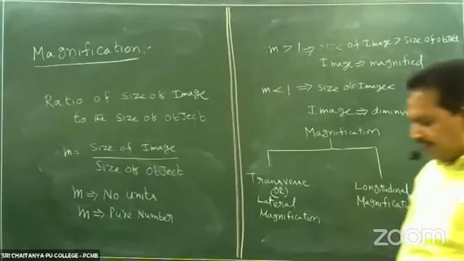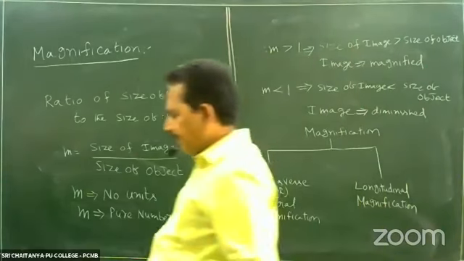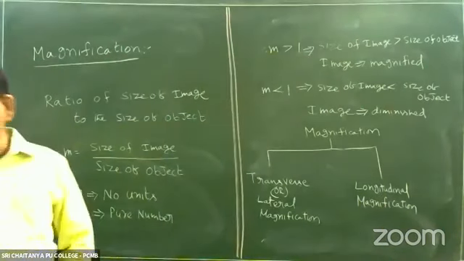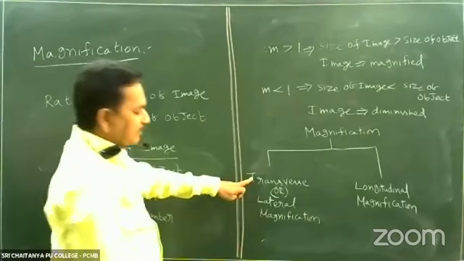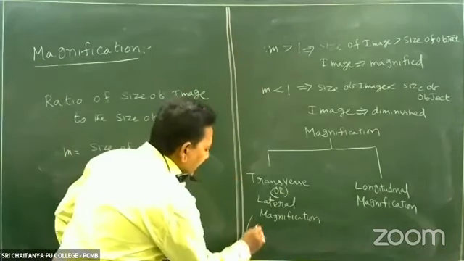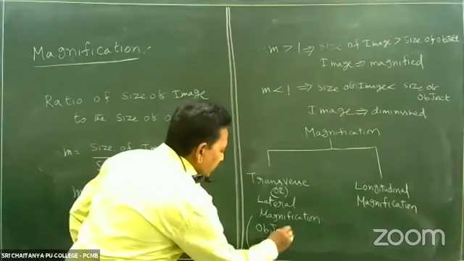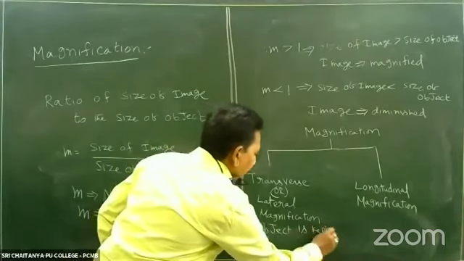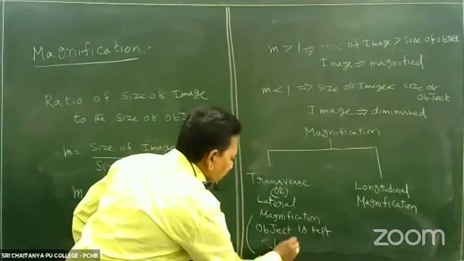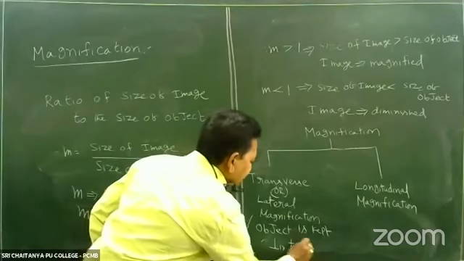Sir, how to identify the transverse magnification and the longitudinal magnification? In the transverse magnification, the object is kept perpendicular to the principal axis.